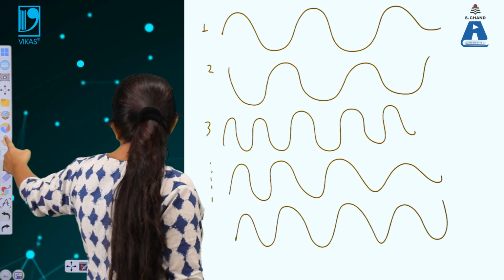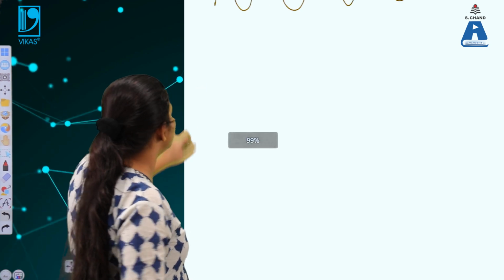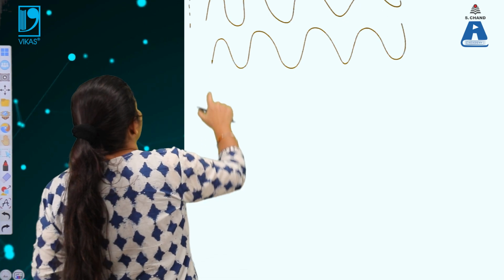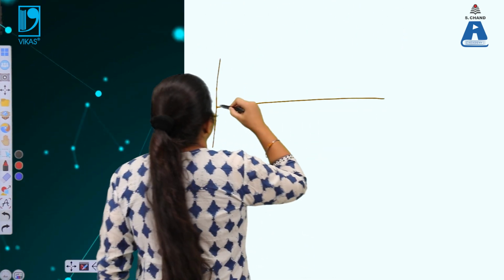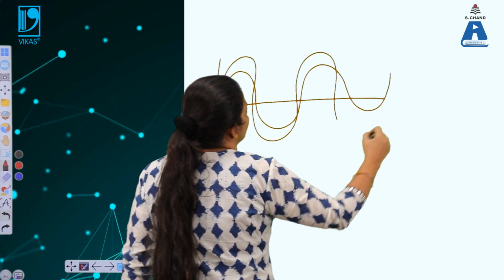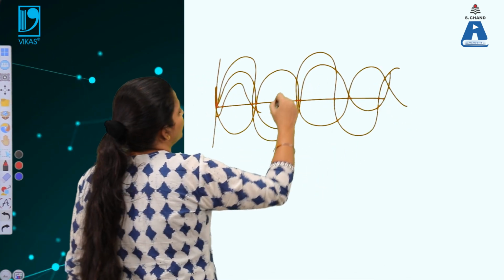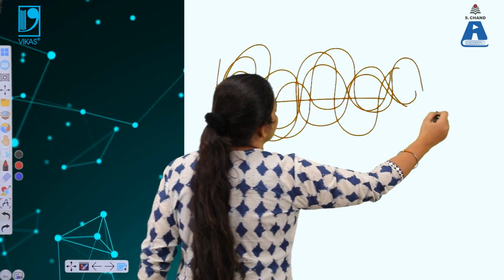So there are a large number of waves present here. When we superimpose all these waves, they have different phases, different amplitudes and different wave numbers, and all of them superimpose on each other.